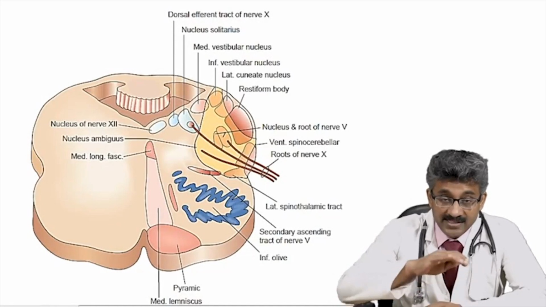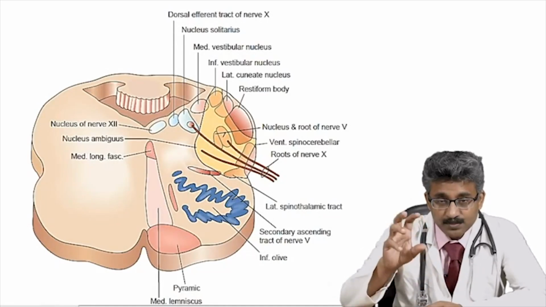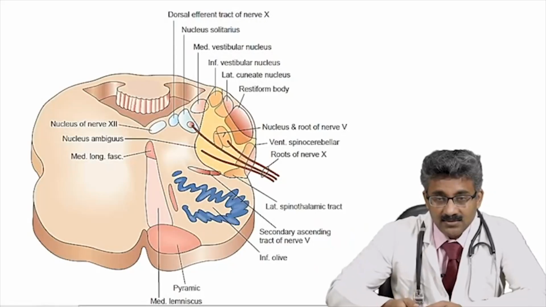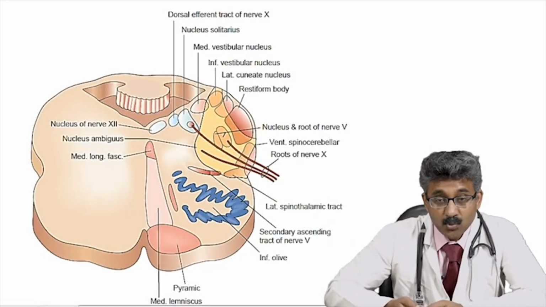Now, if all these cranial nerves are affected in the brainstem, it will produce a progressive bulbar palsy. There are some diseases which produce progressive bulbar palsy. For example, motor neuron disease, myasthenia gravis, some of the myopathies, Guillain-Barré syndrome, diphtheria, botulism.